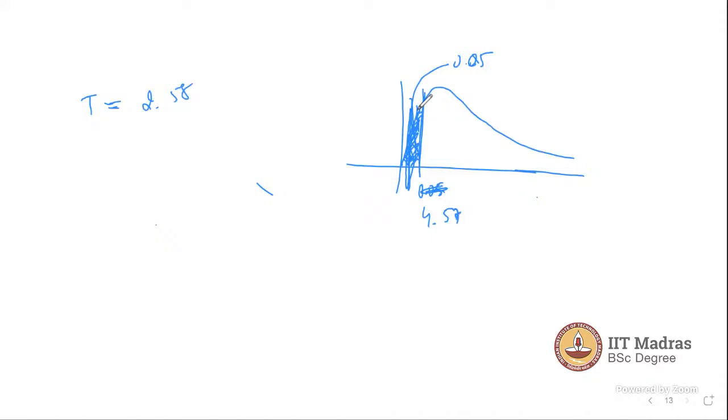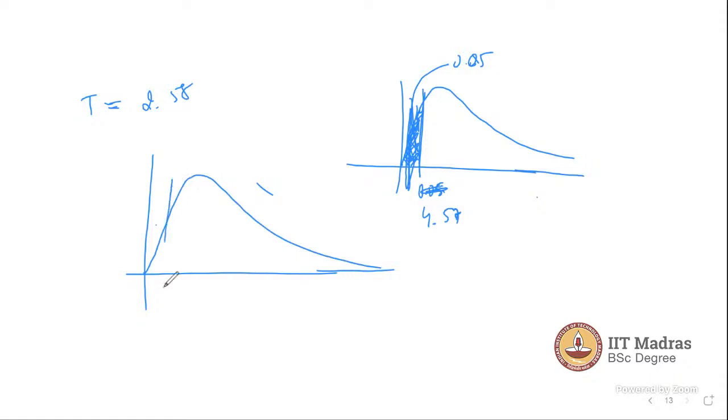Can you explain it again? Yes. If you look at the graph of this, you have a two-sided chi-square test. At 4.57, you have the 5% level of significance here, 0.05.